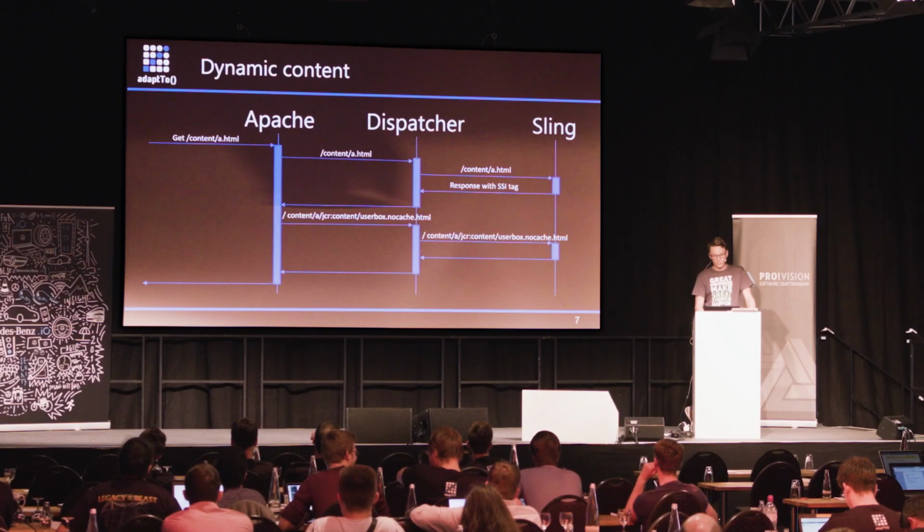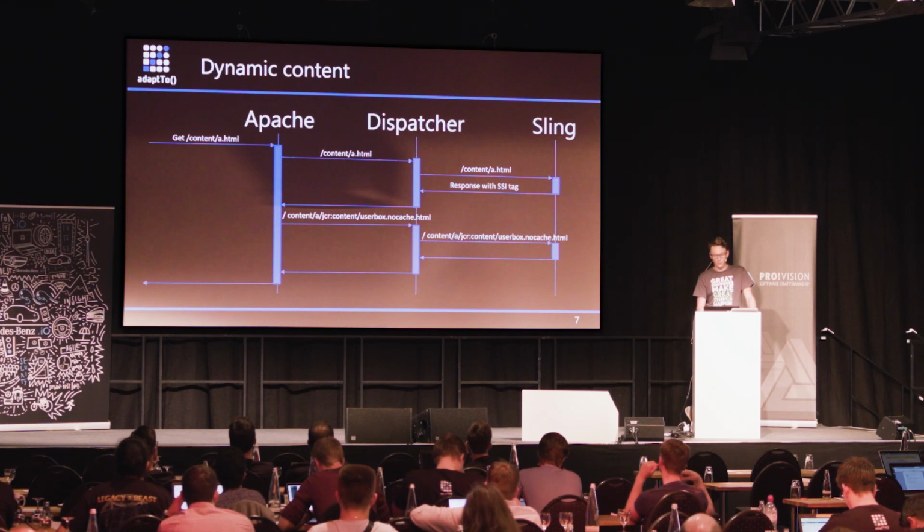So we can use SDI in this case. As you can see, we are making requests for Sling where the SSI tag is produced. And then on Apache level, we are making requests for our dynamic content.